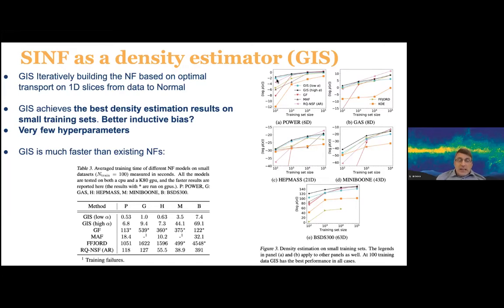The other thing, in this method, we have very few hyperparameters. But there is one which we call regularization, and if we have high regularization, we get slightly better results than low regularization. But even with low regularization, which is the cyan numbers, results are pretty good. Now, the method is extremely fast, especially with low regularization. We're talking about seconds.